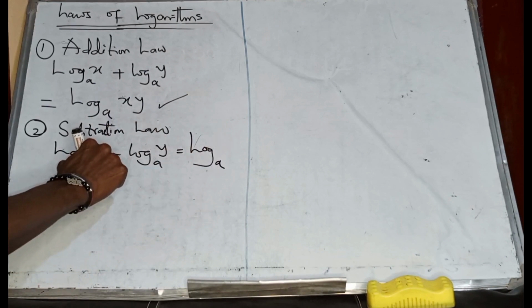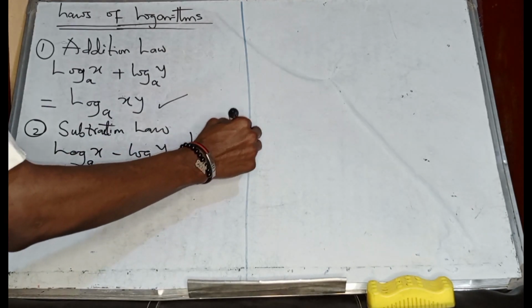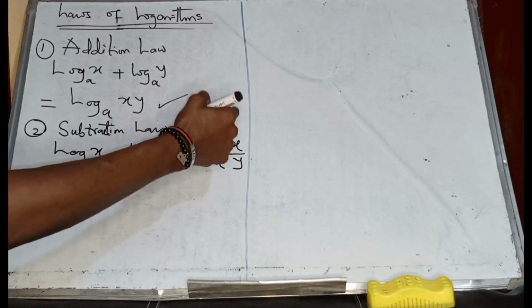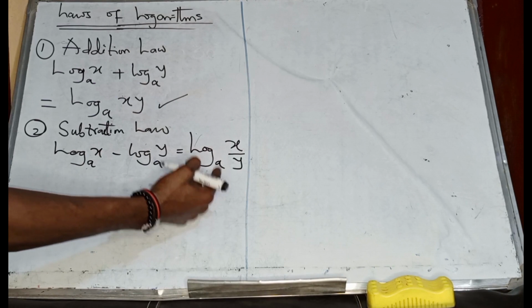And subtraction goes with what? Division. So subtraction goes with division. So we now have log x over y to the base of a.